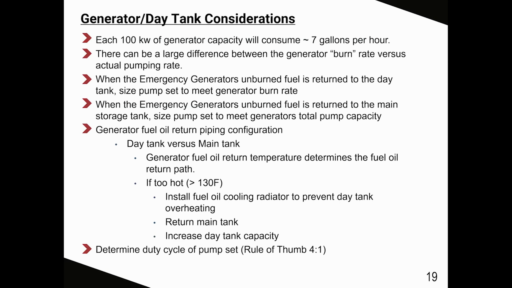Try to avoid small day tanks on large generators, as the recirculated return oil could overheat the small day tank. Note the flash point of diesel oil is approximately 138 degrees Fahrenheit, and generators typically have a shutdown sensor at between 140 and 150 degrees Fahrenheit.